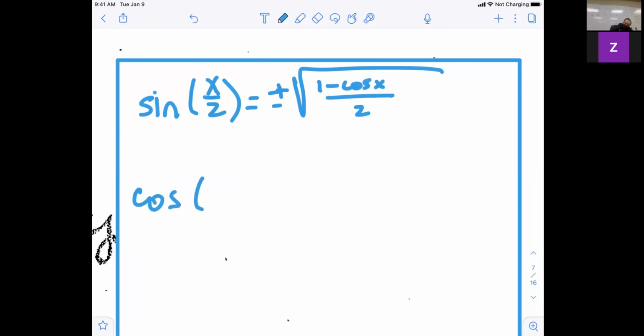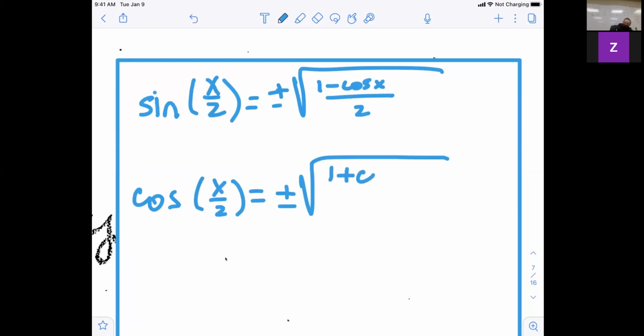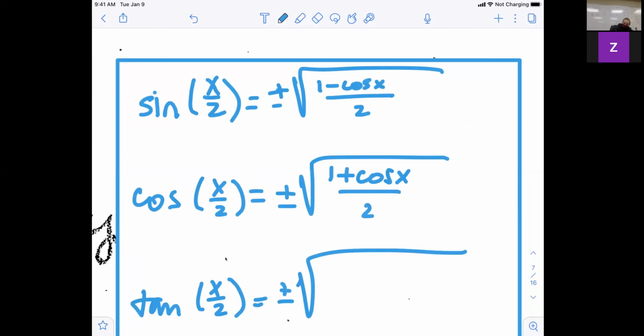For cosine, it's going to be square root of 1 plus cos of x over 2. And then tangent can be plus or minus 1 minus cos x over 1 plus cos of x.